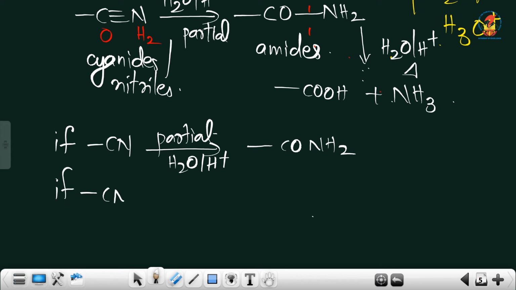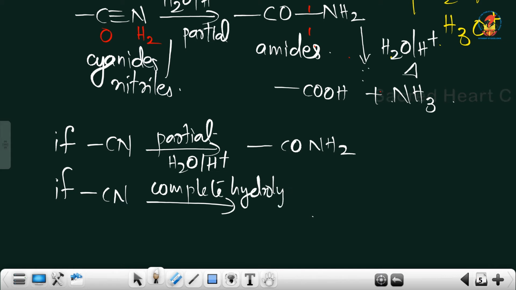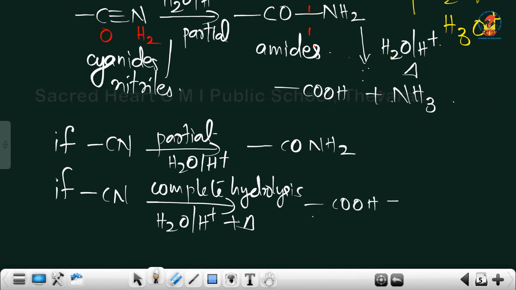If CN is undergoing complete hydrolysis, what is the reagent we are using? H2O/H+ and heat. What is the product? We will be getting acid and ammonia.